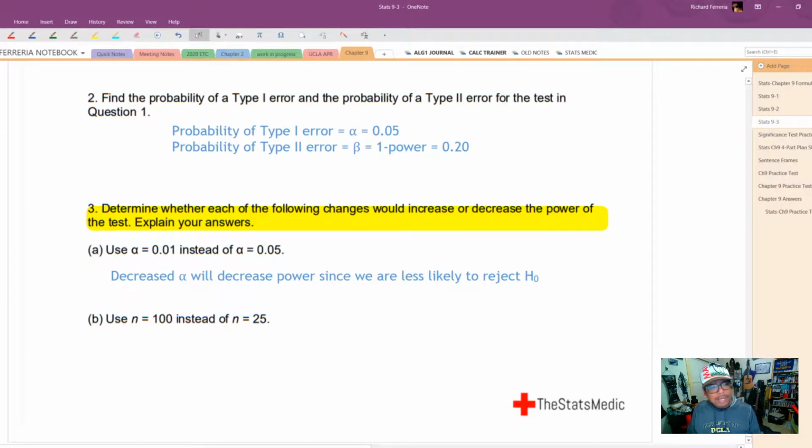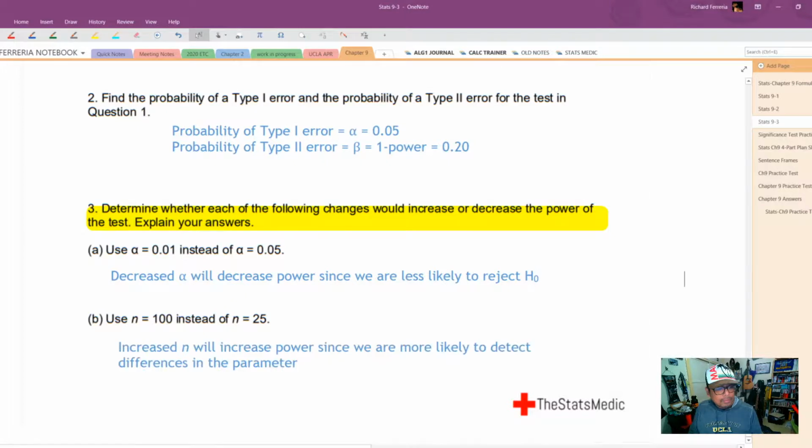What if we use n equals 100 instead of n equals 25? Increased n will increase power since we are more likely to detect differences in the parameter. You'll think all the way back to, I think it was chapter 4, where we all got kind of crazy with increased sample sizes.